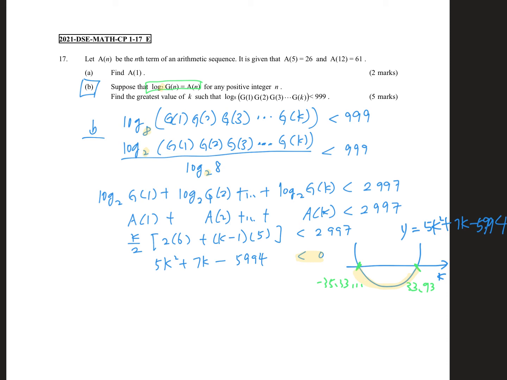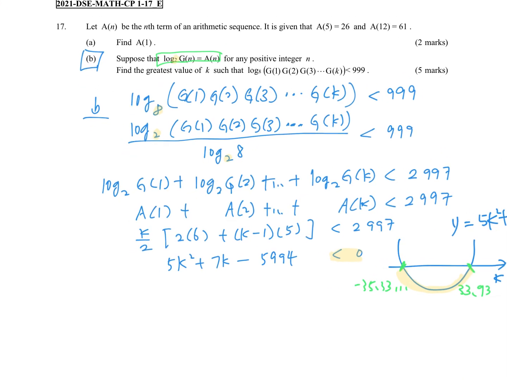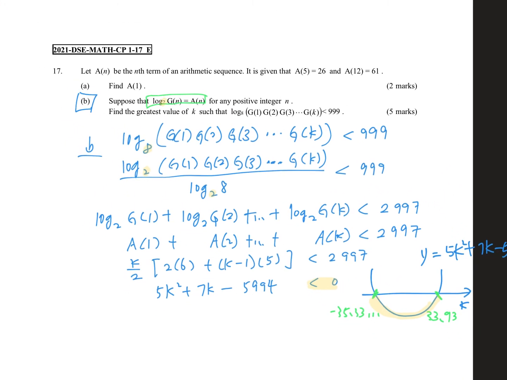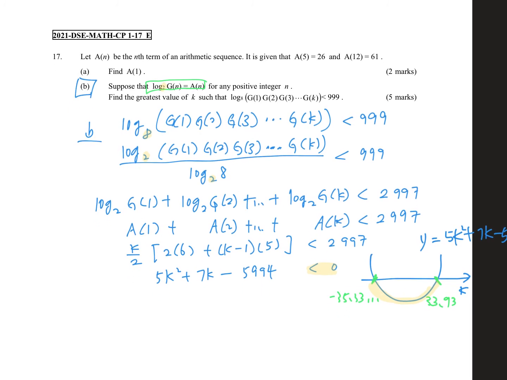So we cannot use the 35 point something directly. We need to write the exact value of the k-intercepts, so we need to give the root form.